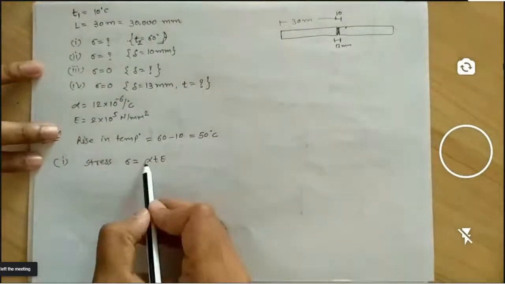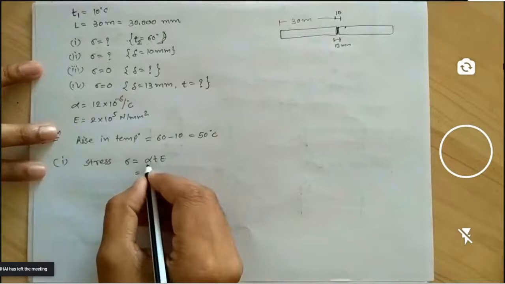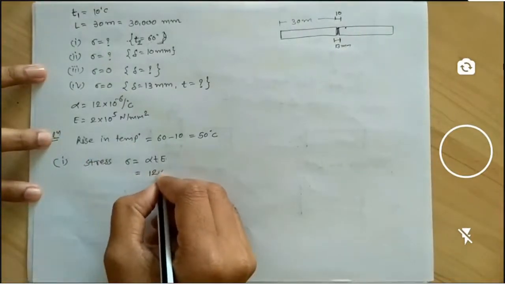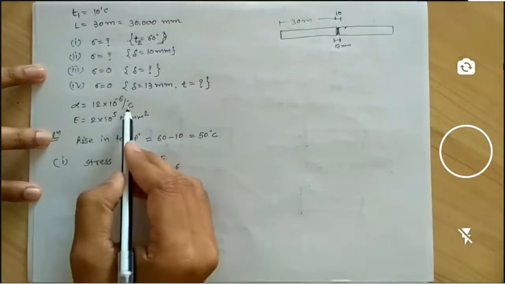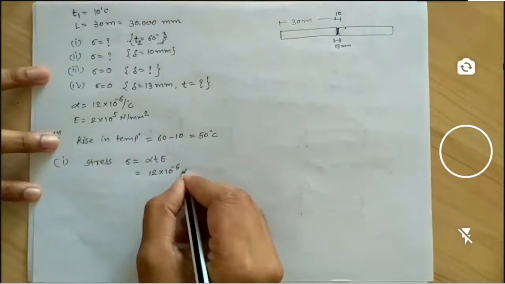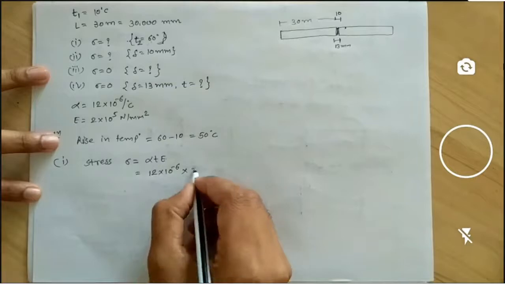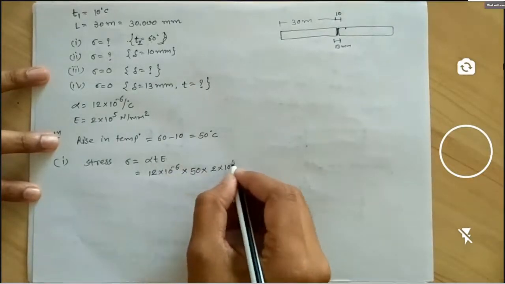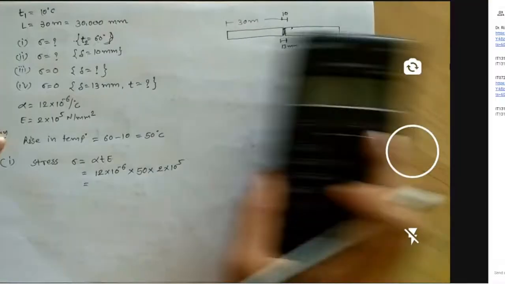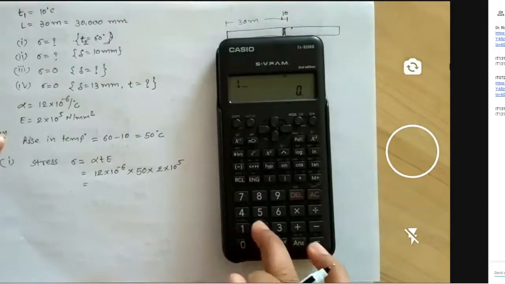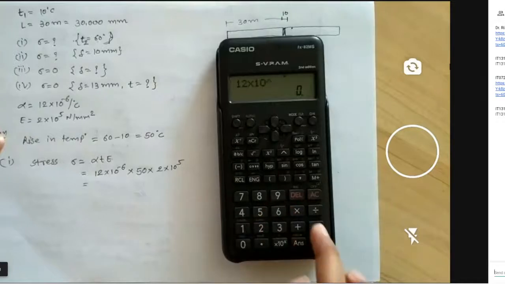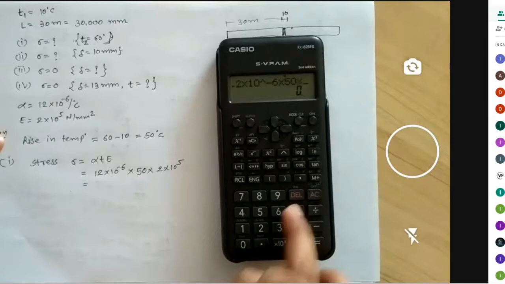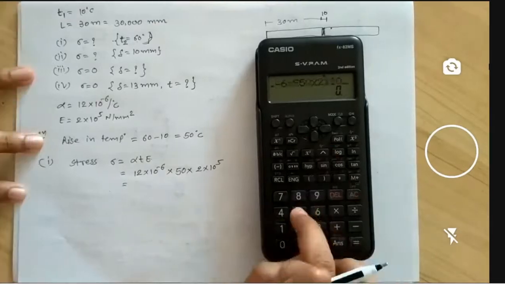So here alpha TE. Alpha is the thermal coefficient, that is 12 into 10 raised to minus 6 per degree Celsius, into T, the temperature change of 50 degrees Celsius, and E, Young's modulus, 2 into 10 raised to 5. So 12 into 10 raised to minus 6 into 50 into 2 into 10 raised to 5.